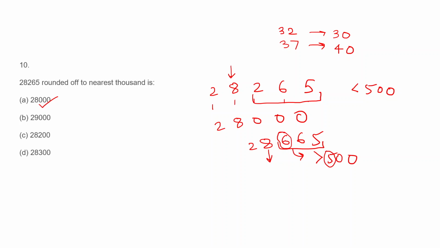So we'll round it off to the next higher digit, that will be 29000. I think this is clear. I think it's already clear to everyone, but still if there is any doubt, you guys can ask. So for this question, 28,000 is the correct answer.